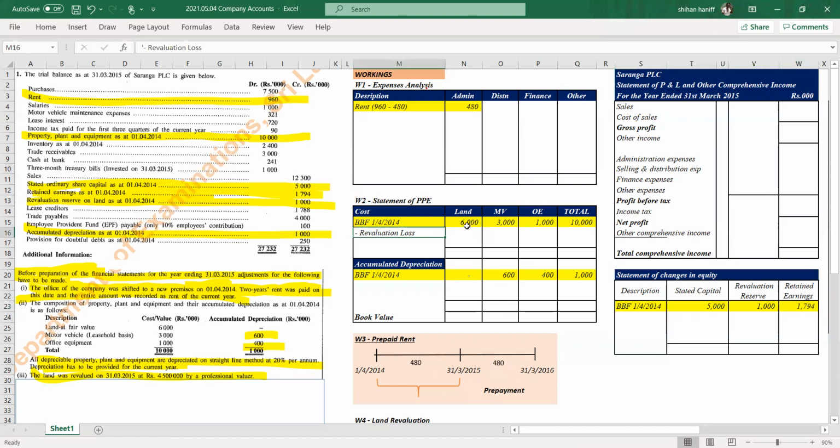Now we have the land value 6000, but it was revalued for 4500. 1500, it's a loss. So we have to deduct the land by 1500, then only the land balance carried down as of 31st March 2015 will become 4500.